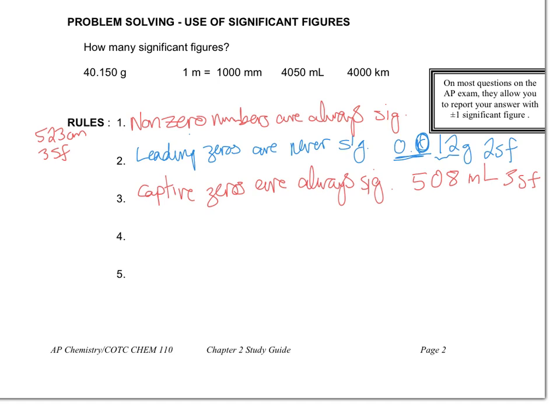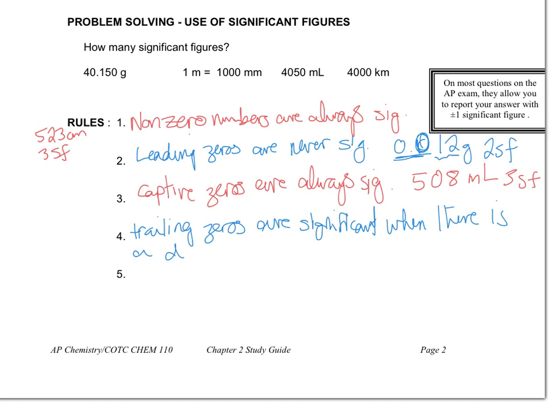Trailing zeros are the tricky ones. Trailing zeros are sometimes significant and sometimes they're not. Trailing zeros are significant when there is a decimal point. For example, let's say I have 95,000 meters.